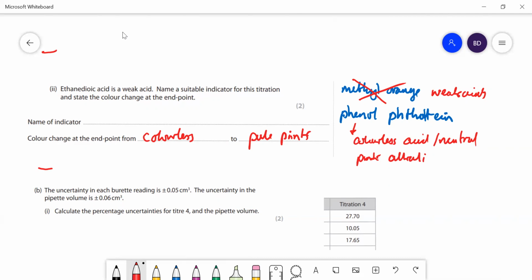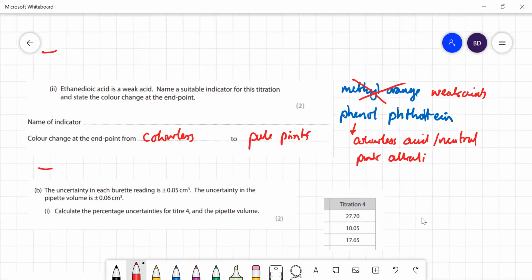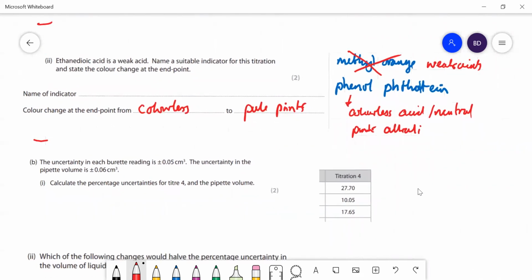Okay, now on to percentage uncertainty. The uncertainty in each burette reading is plus or minus 0.05. Calculate the percentage uncertainty for titer 4 and for the pipette volume. Here's titration 4. So the percentage uncertainty for the burette: you do 2 burette readings, start and finish, so you've got to double that.